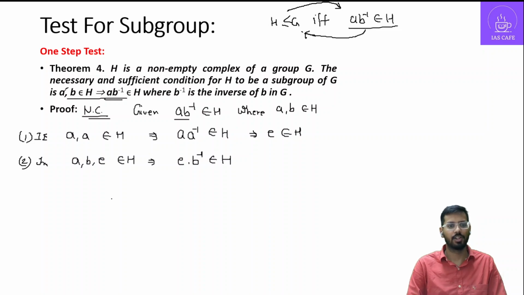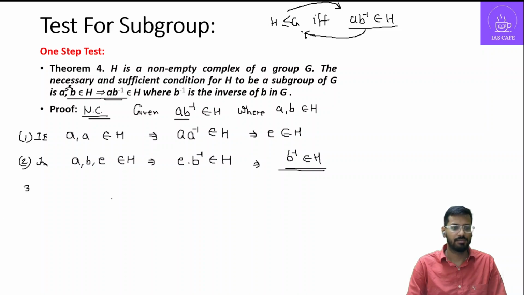If we take A is equal to E, then we can write E B inverse belongs to H. From this we can write B inverse belongs to H. Okay, so inverse property is also satisfied here.